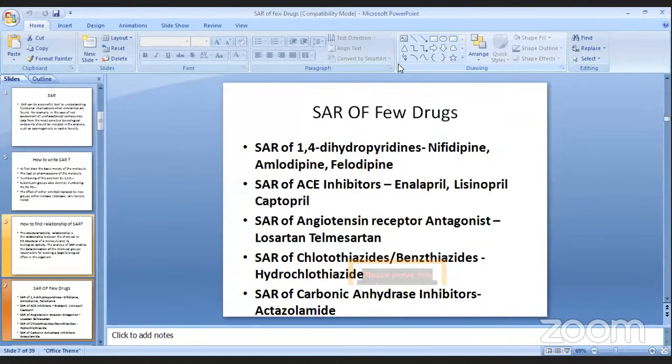1,4-dihydropyridine. Next, I am going to go for SAR of ACE inhibitors, angiotensin converting enzyme inhibitors, that is enalapril, lisinopril, and captopril. These are drugs that we can use for the treatment of hypertension, and they are angiotensin inhibitors.